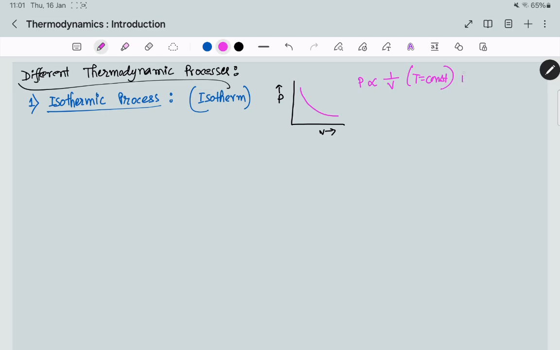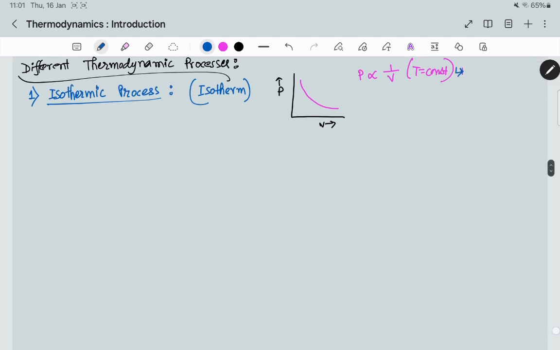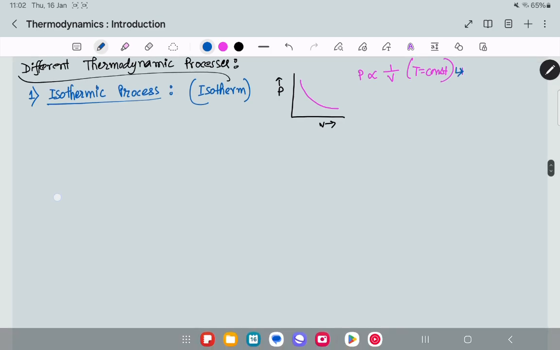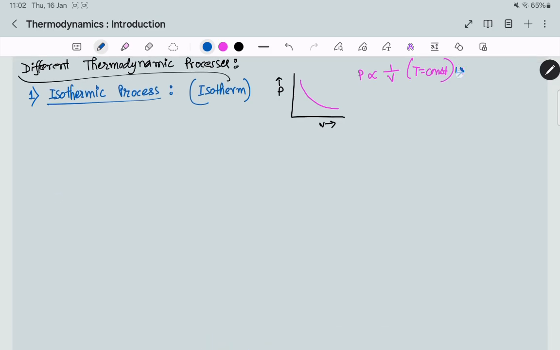The name of the gas law is which one? Charles law or Boyle's law? Exactly, you are right if you are thinking about Boyle's law, right? So it is the PV isotherm where the temperature is fixed. So the graph looks like this.